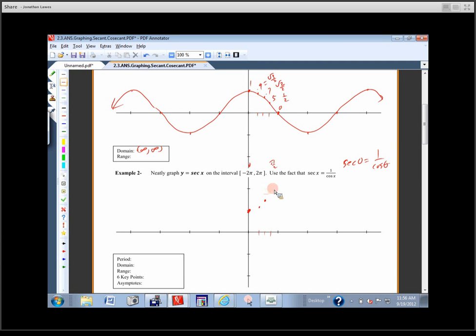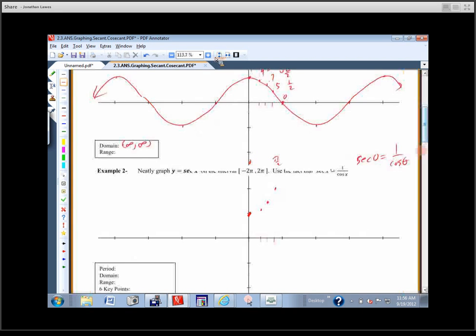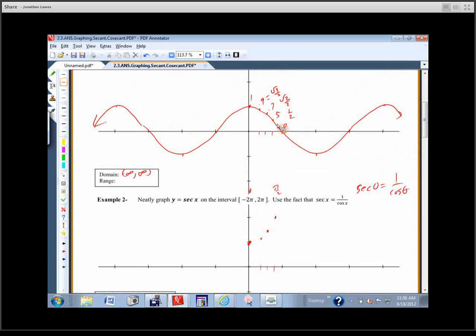Now, I need you to think about this for just a second. Everybody looking up here? Right here, these cosine values get really, really small. So what happens if I take a really small number and do the reciprocal of that really small number? What do I get?